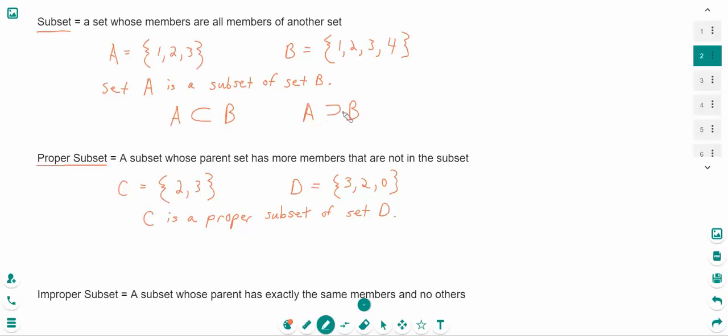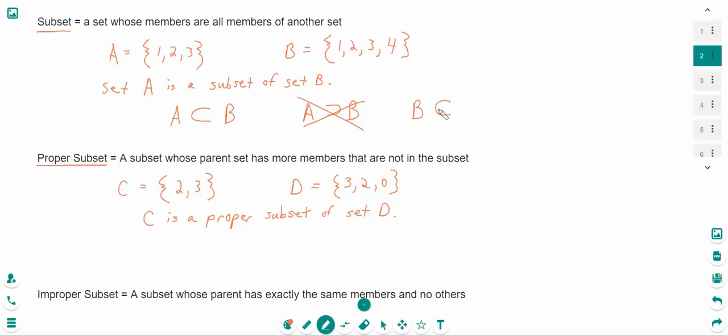We always start at the rounded side. So A is a subset of B. B is a subset of C. Normally, we're going to read it from left to right. So normally, we would write it like this. A is a subset of B. Now, if I wanted to say B is not a subset of A, and clearly it's not, we would write it like this.